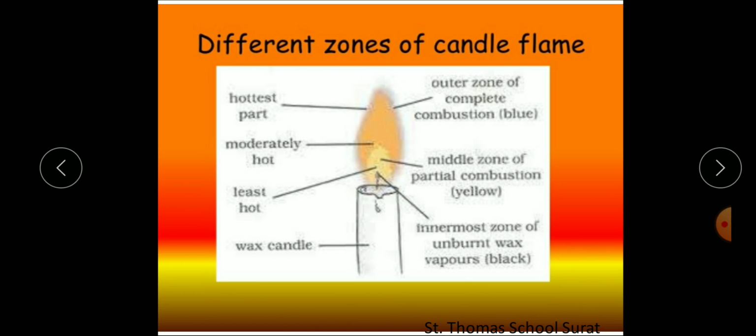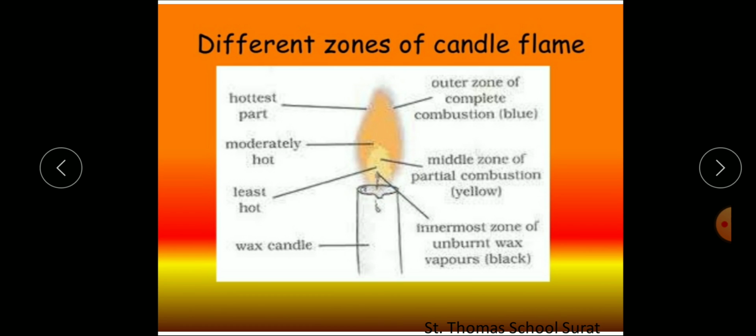The third zone is innermost zone. This is the dark zone. You can see it is black in color. It is the coolest part of the flame, since oxygen is not available in this zone. Oxygen is not available in this zone, so there is no combustion taking place over here.